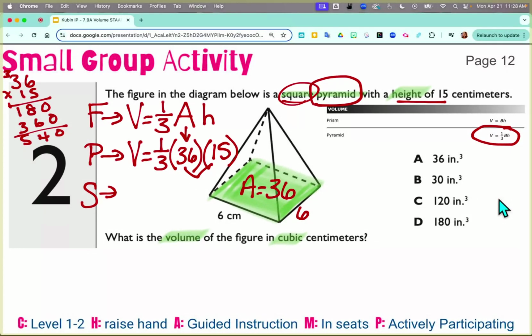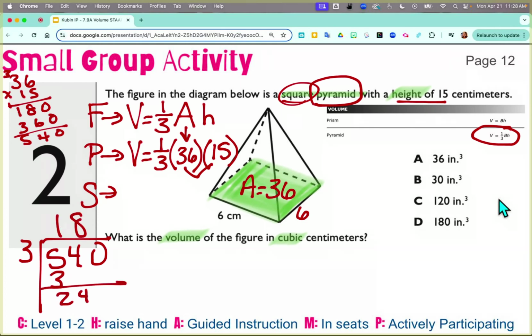And then I'm going to divide that by 3. 180 is my answer. And remember, if I go too fast, pause the video, rewind it. You can watch it as many times as you need.